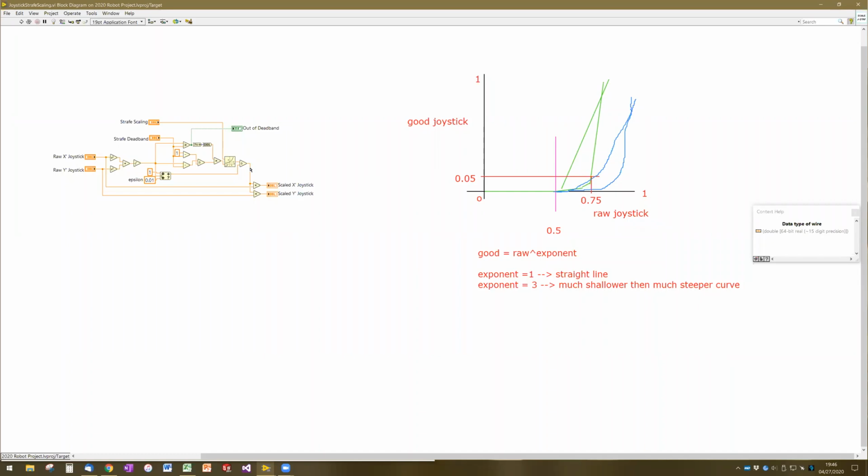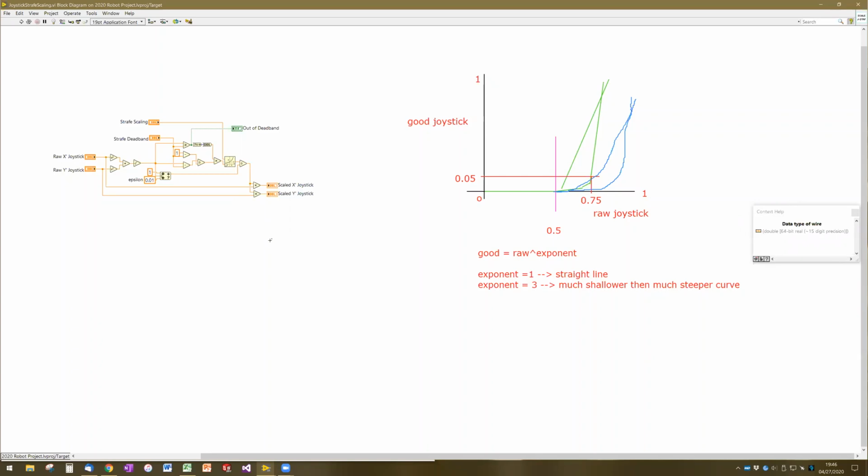It'd be 0.5 squared. And all we do is come back and multiply the raw x and the raw y values both by that scaled magnitude value.